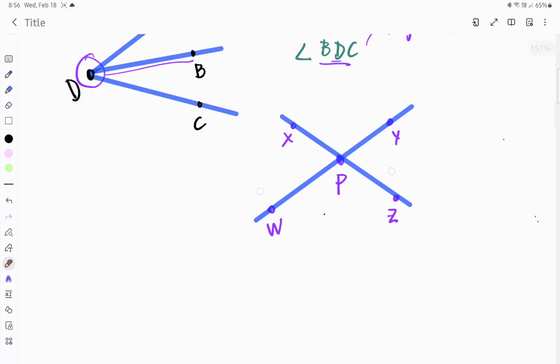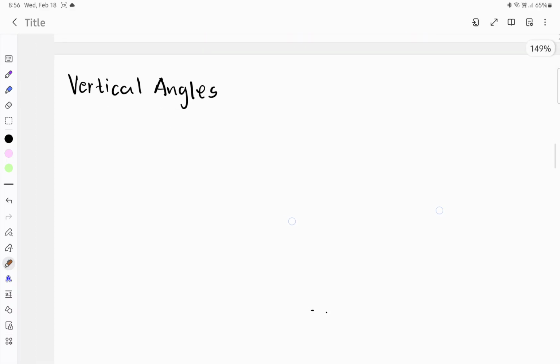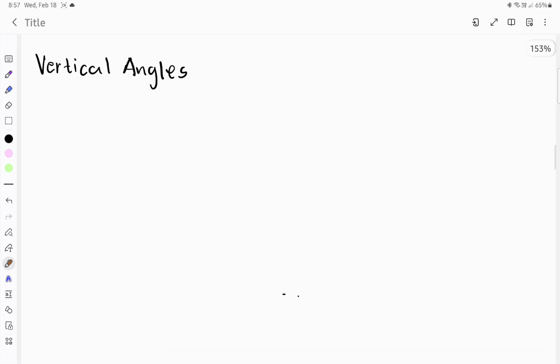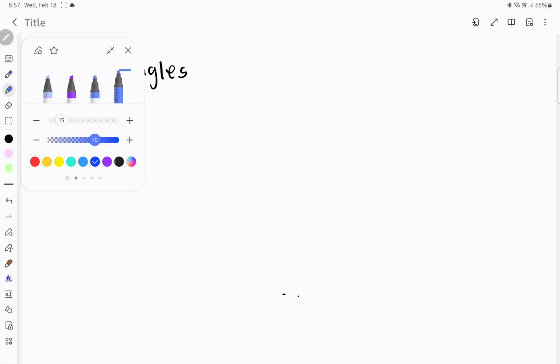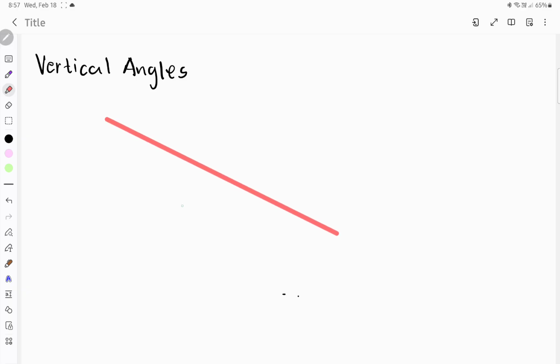Now, let's go to another pair that we need to look at in terms of structure. Let's use another color so it has a different look. Again, these are angles formed by two segments.